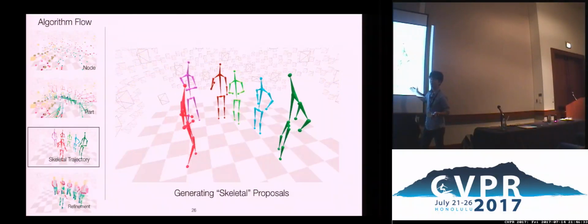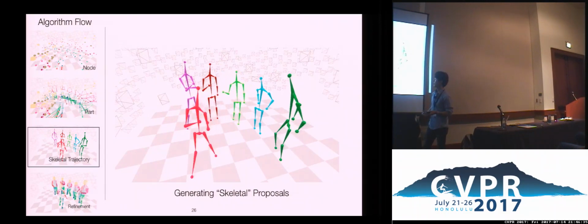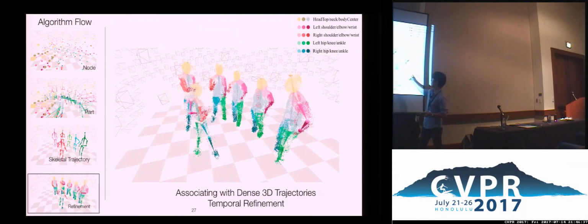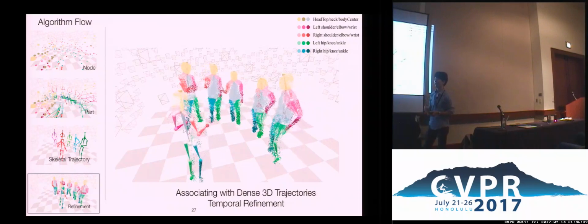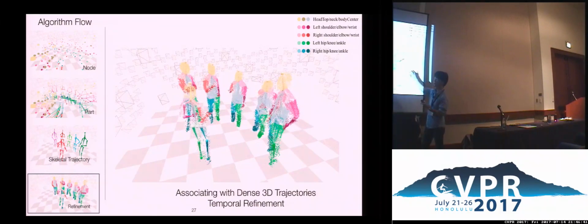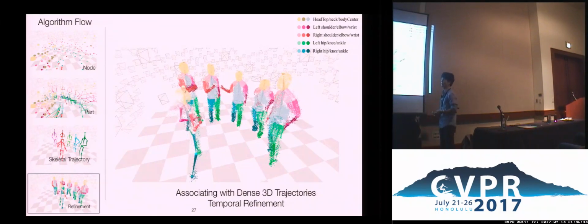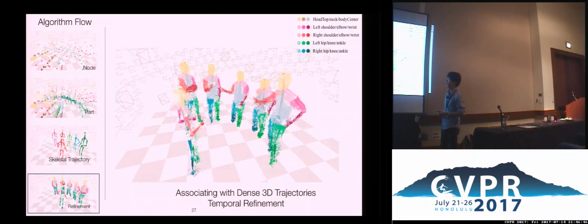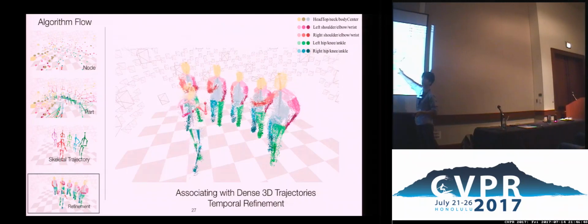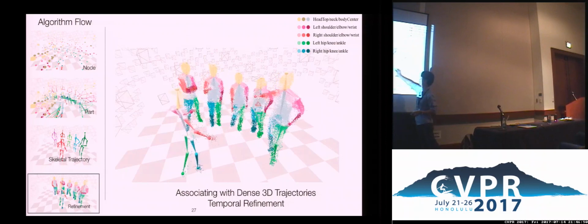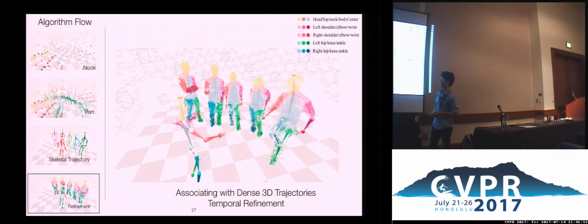Then we get skeletons from dynamic programming. At the end, based on temporal trajectories, we merge them together to smooth out the skeletons. Also, we can label whether a part is the trajectory of the leg or the trajectory of the body.